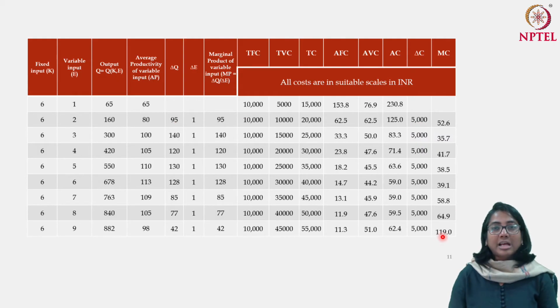Similarly, the last entry, 119 as the marginal cost, is a division of 5000 by 42. So this is how you get a complete understanding of different concepts related to the production function and the cost function. Next, we are going to look at the shape that can capture these relationships.